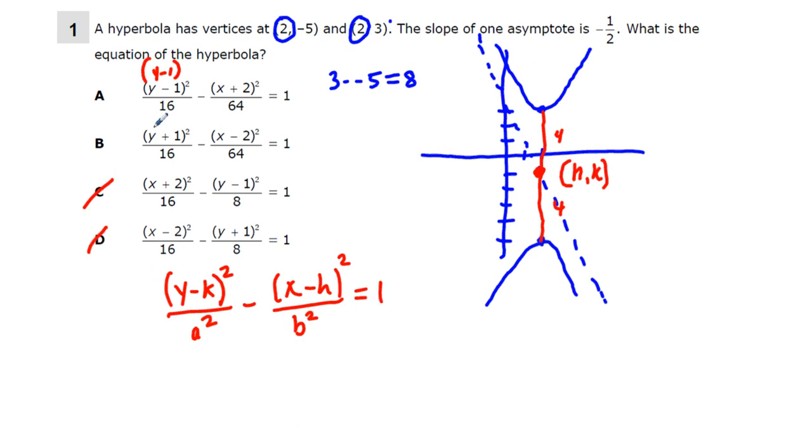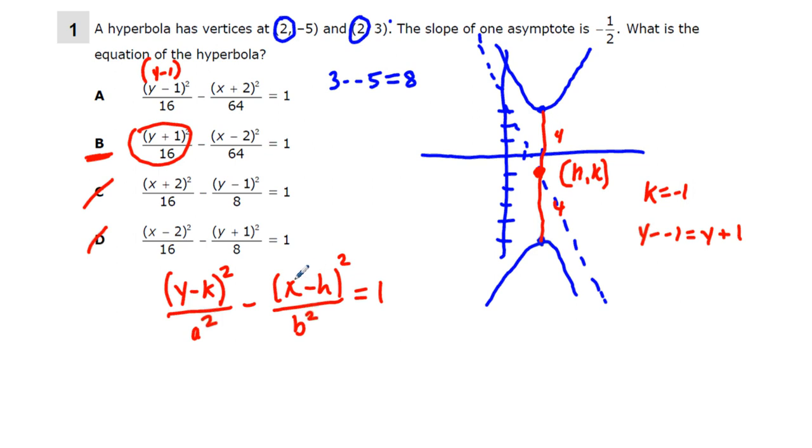And k is negative 1, so y minus negative 1 is going to be equal to y plus 1. So we want y plus 1. That's going to be this guy right here. And our semi-transverse axis is 4, and 4 squared is 16. So B right now is looking pretty good.